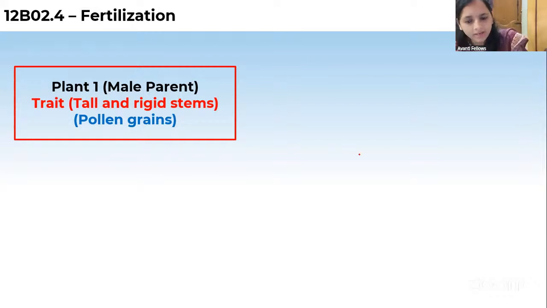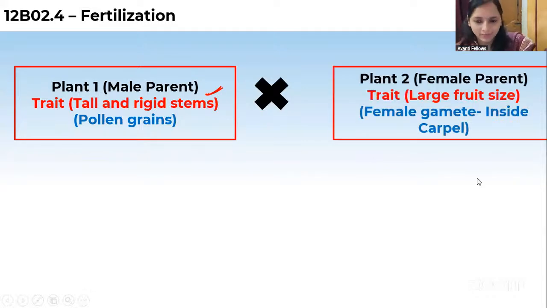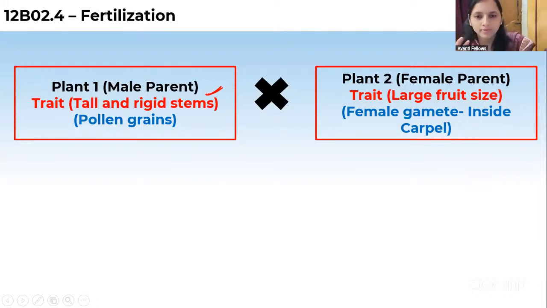We are going to collect the pollen grains from that. Then we are going to select the female. The female also should have some dominant character: it should produce large fruit. So two characters are there. One is the tall and rigid stem, which the male has, and the other is the large fruit size, which the female has.